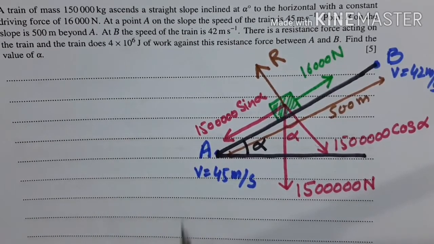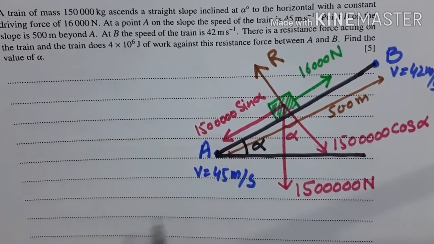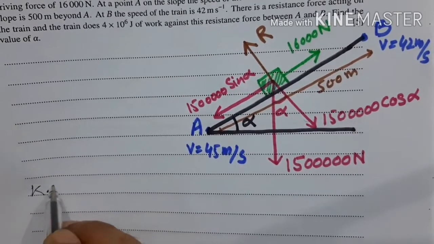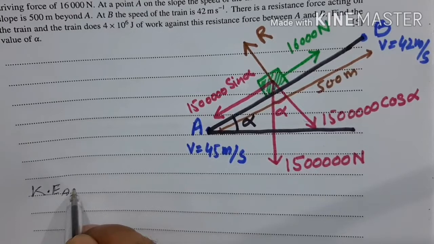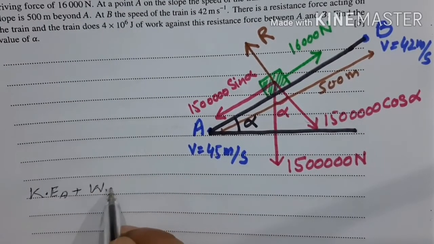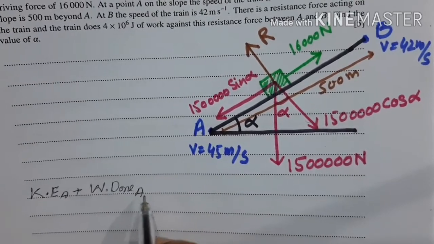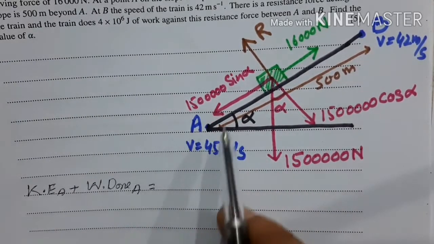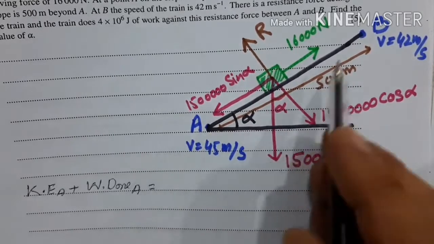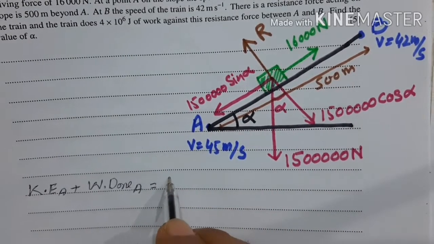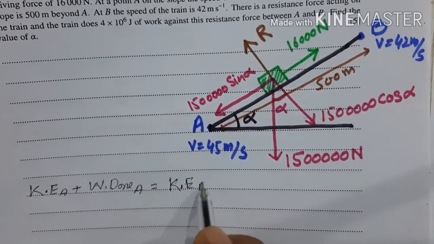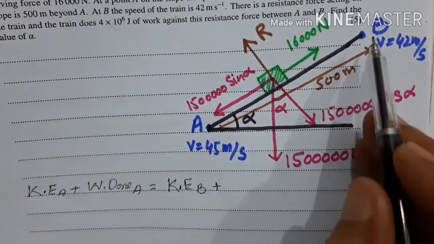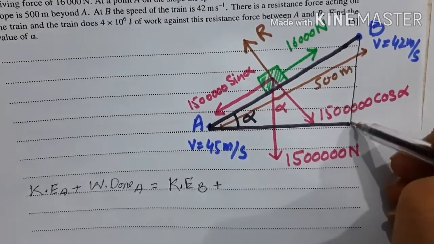So it will be like kinetic energy at A plus work done is equal to the kinetic energy at B, because these two things will be converting to the kinetic energy at B. Plus, when the train reaches B, the train got some height from the ground.